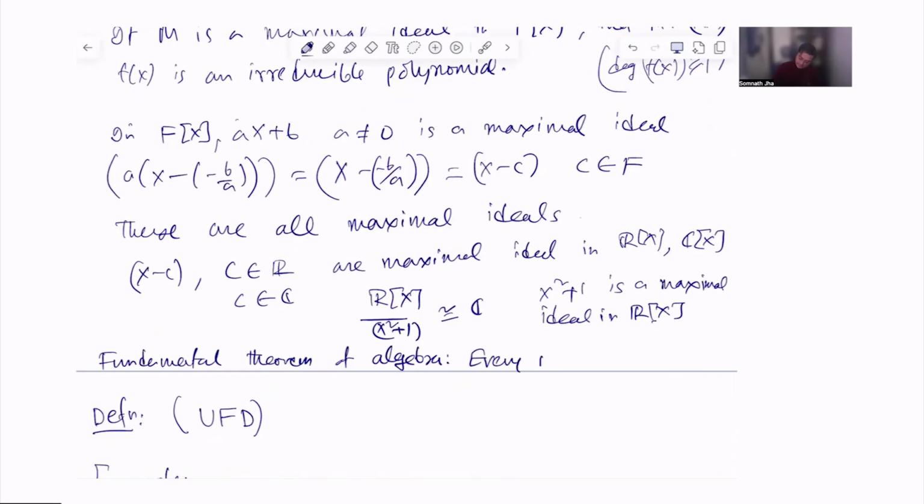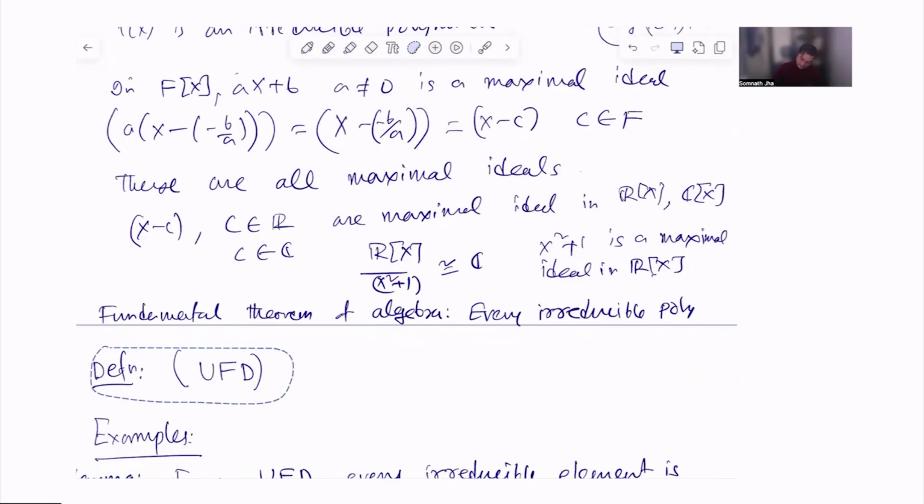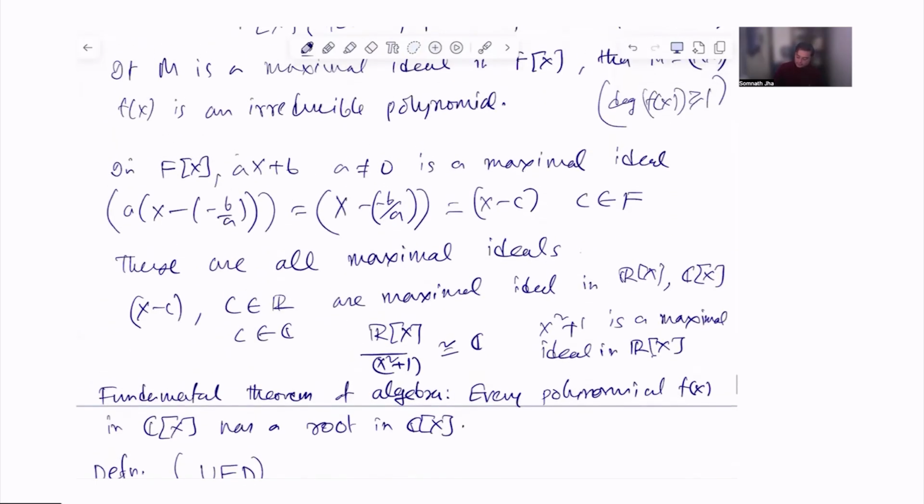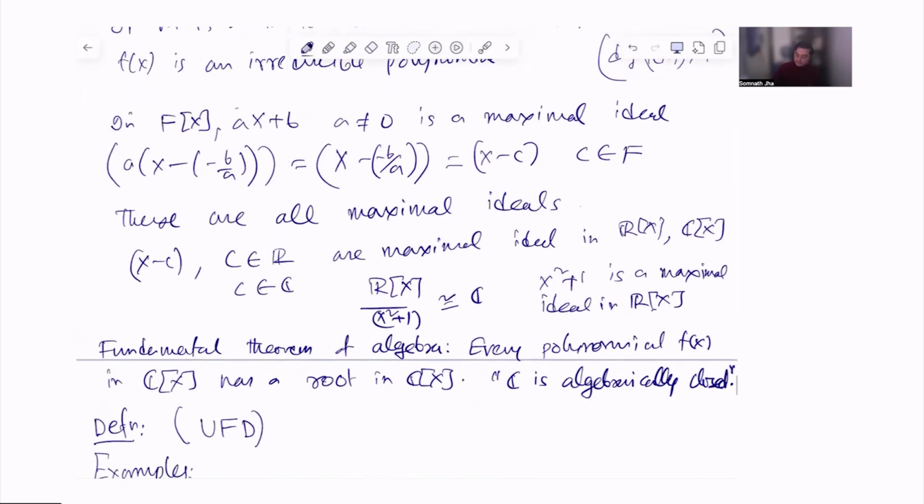Every polynomial f(x) in C[x] has a root in C. Sometimes it is also called C is algebraically closed. Right? This is called the fundamental theorem of algebra.